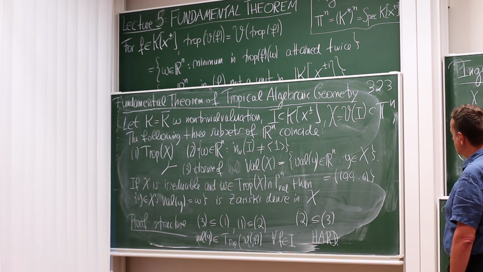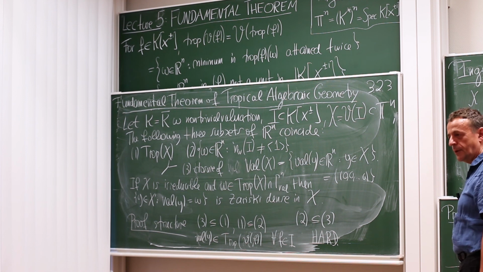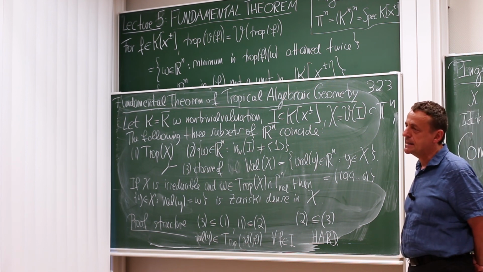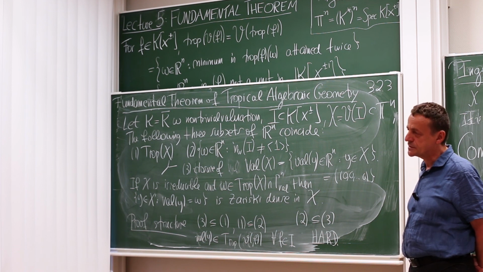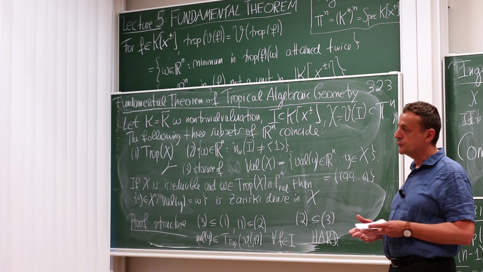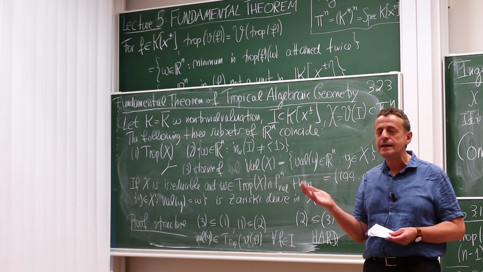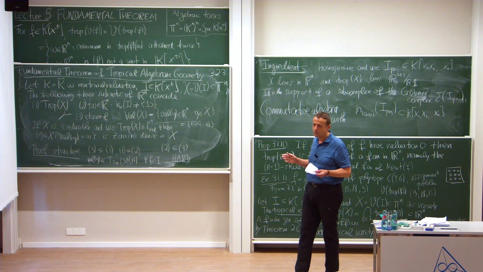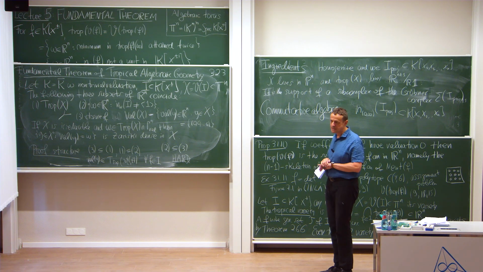I think the answer is no, but I need to think about it a little bit more. Stable intersection only makes sense for complete intersections. For example, you typically have determinantal varieties that require many more equations than the ambient dimension. I think you can write down a counterexample in every sense.